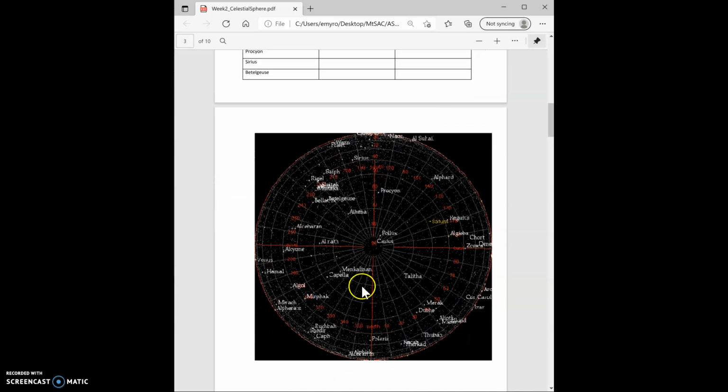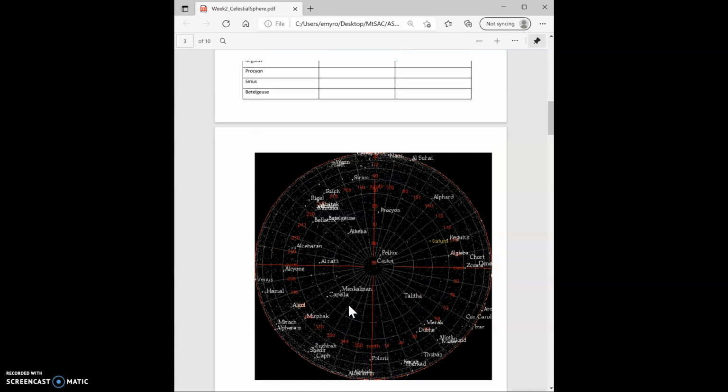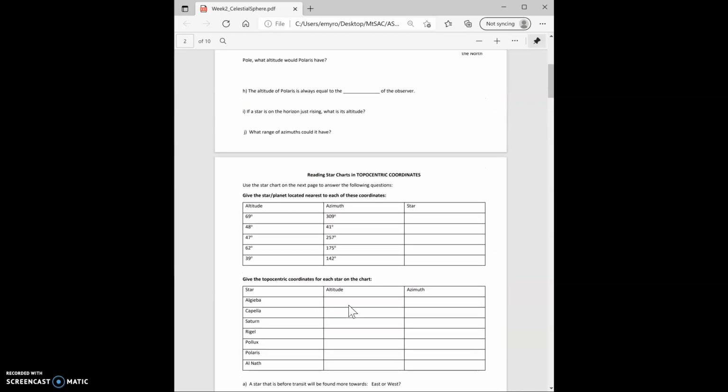That's your second column there. If you want to know if you will find it more north or south, the bottom part of the chart is north, the top one is south. So in this map, you have to tell me in which one of those 4 corners your star is in the chart. And so remember, everything rises in the east and sets in the west.